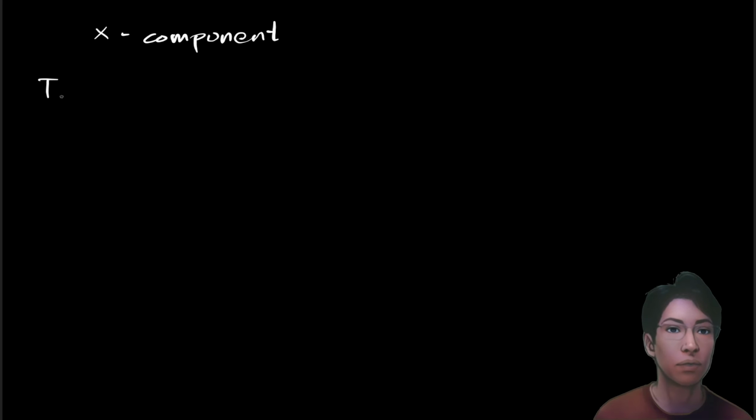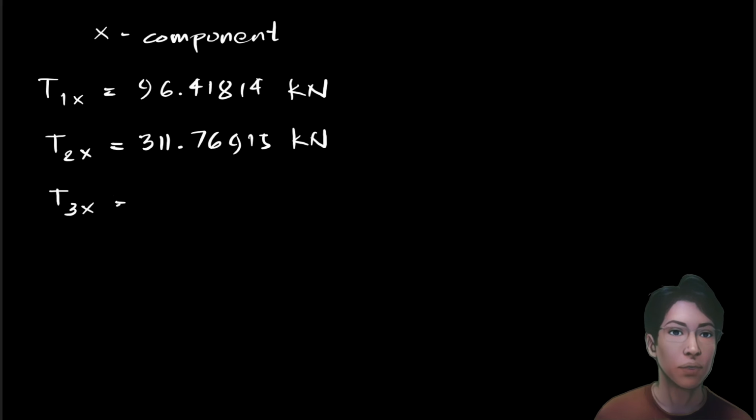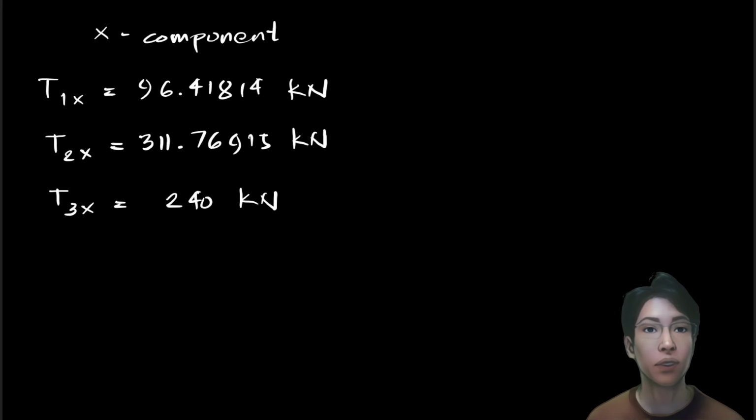So for the x component, for t sub 1, we have, okay, and t sub 2, and t sub 3, now take note that the x component for t sub 3, or t sub 3x, is negative.